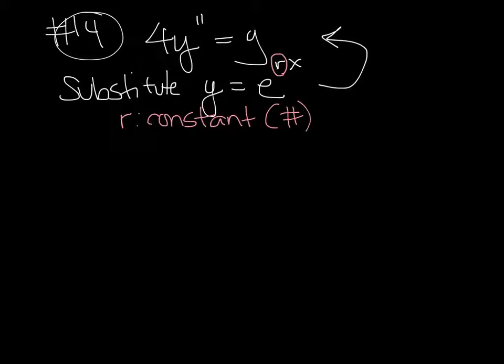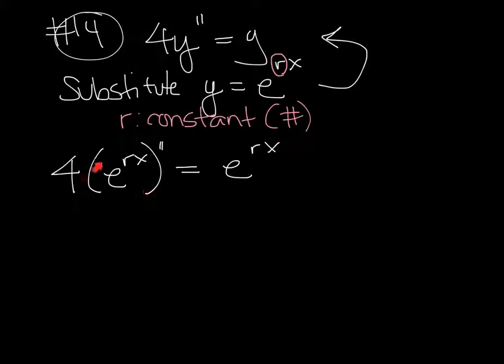So to find r here, let's just substitute our e to the rx. So 4 times e to the rx double prime equals e to the rx. And so again, we're just taking derivatives. Let's again rewrite this. e to the rx.